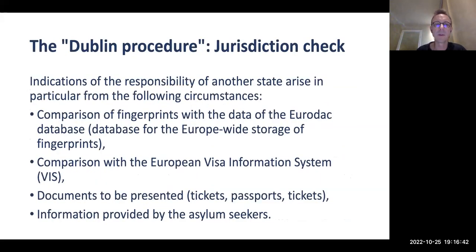How these criteria are actually checked is something we talked about already. It is a comparison of the different fingerprints. The so-called Eurodac regulation opened up a Eurodac database, where all the fingerprints of those persons identified as irregular entries are stored, and it's easier in the hotspot areas.